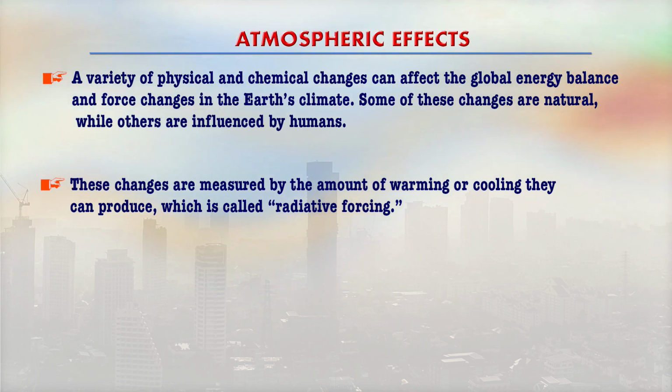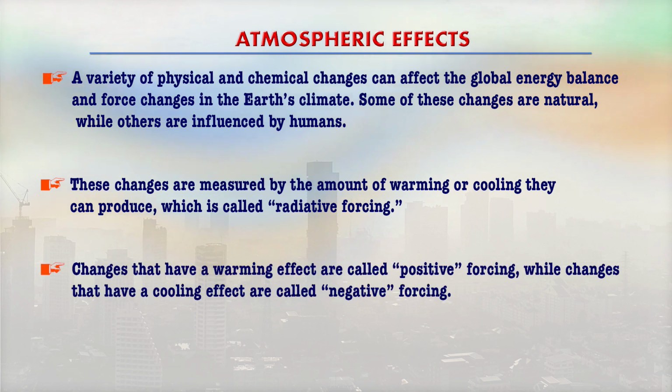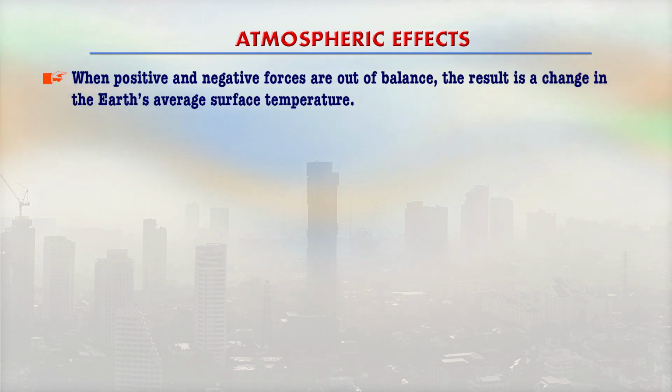This entire process is known as radiative forcing. The changes that have a warming effect are called positive forcing, and the changes that have a cooling effect are called negative forcing. When positive and negative forces are out of balance, the result is climate change in the earth's average surface temperature.